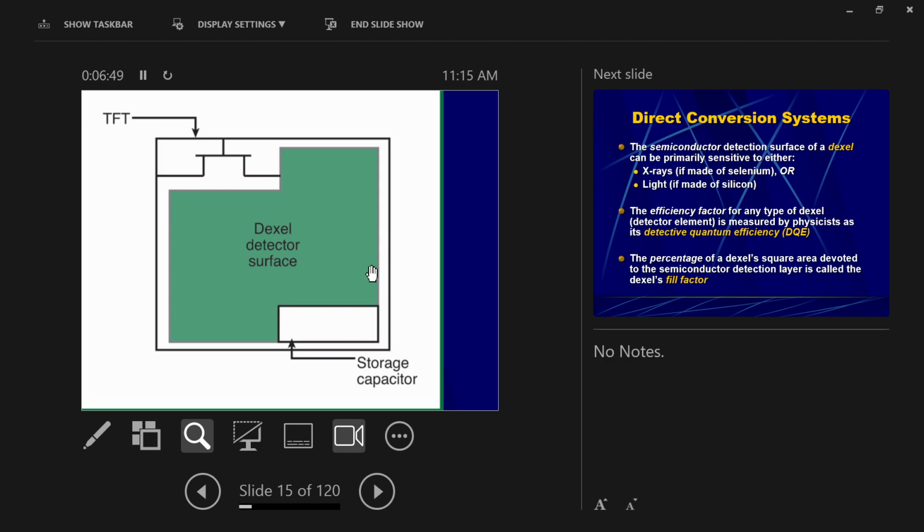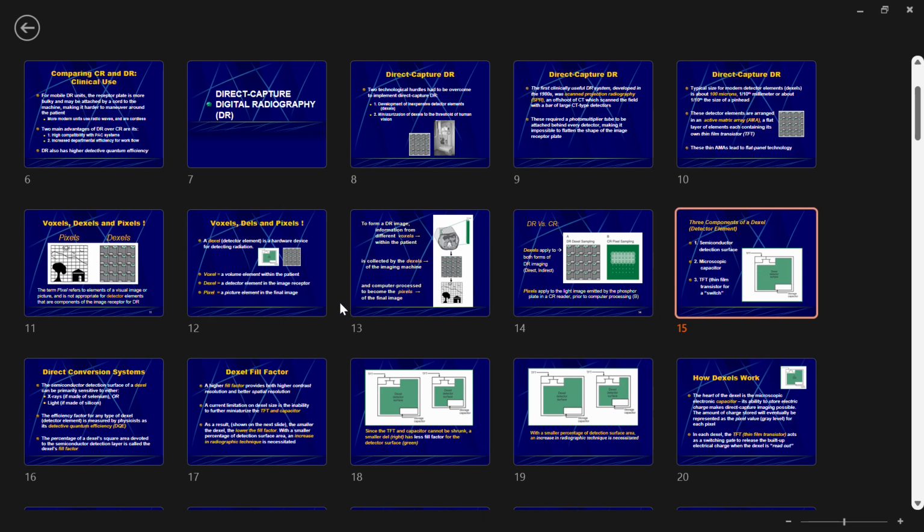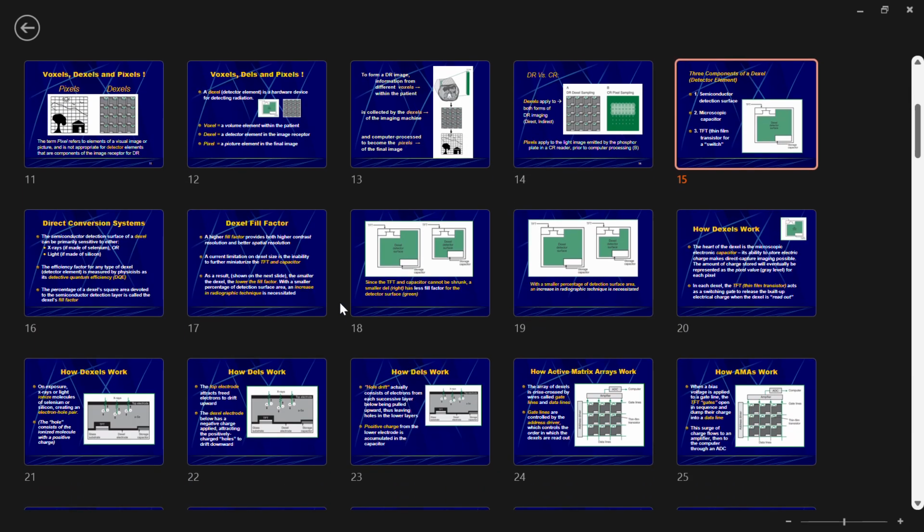The visible light is what exposes the detector surface. This is called indirect conversion because we go through one extra step, converting x-rays into visible light first. There are advantages and disadvantages to both. Both types are still in use, and so let's explain how indirect conversion works.